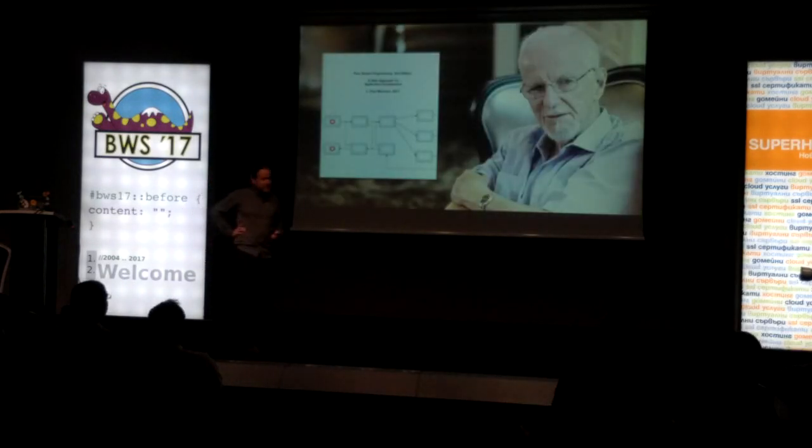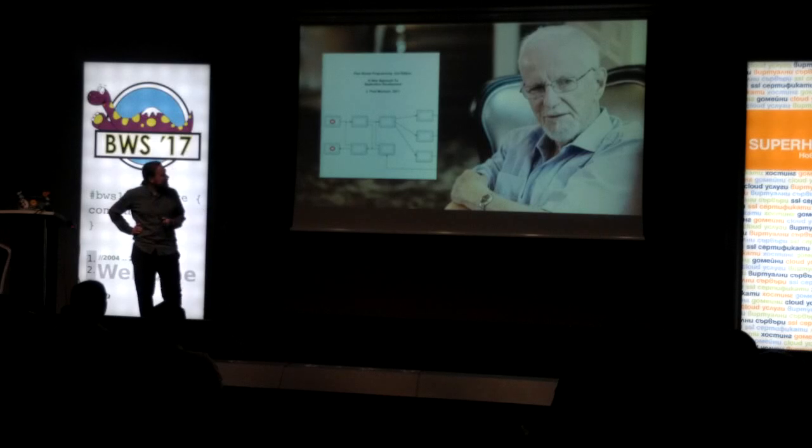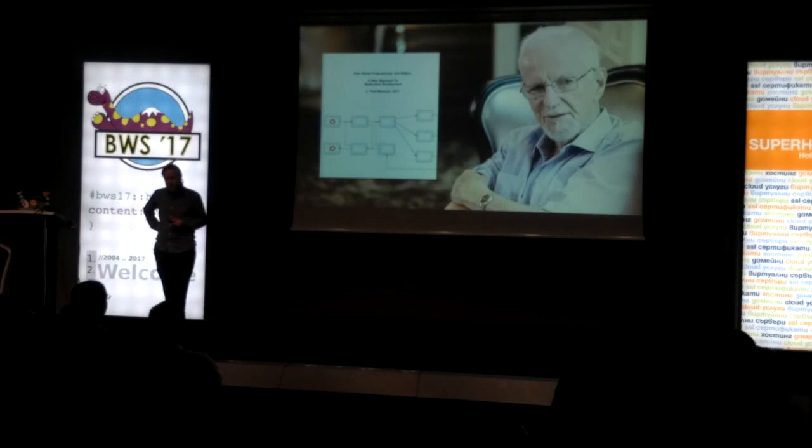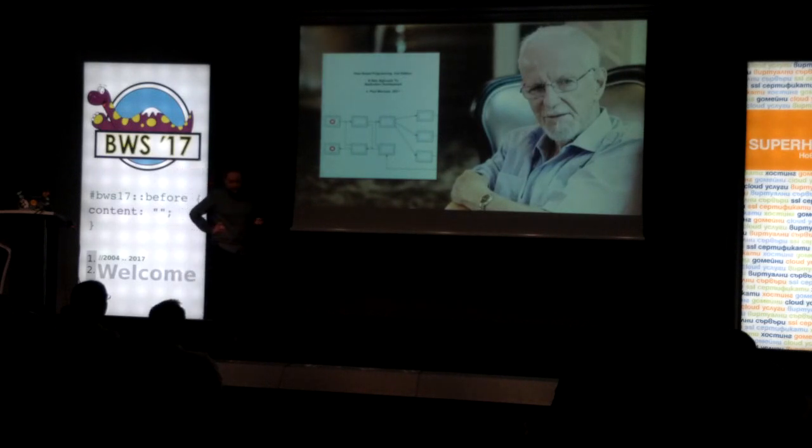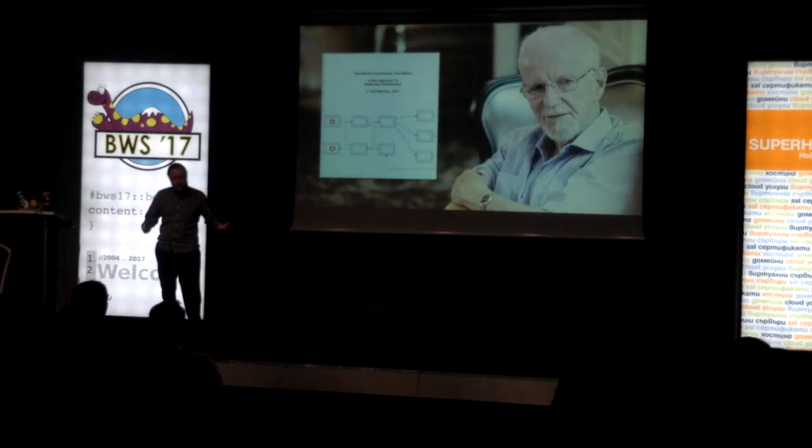And one of the things I ran into was the concept of flow-based programming, invented by this gentleman in the picture here, Paul Morrison. This is not new by any means. Like, okay, the book you're seeing there was published in 2011. He's retired now, so he's trying to write.